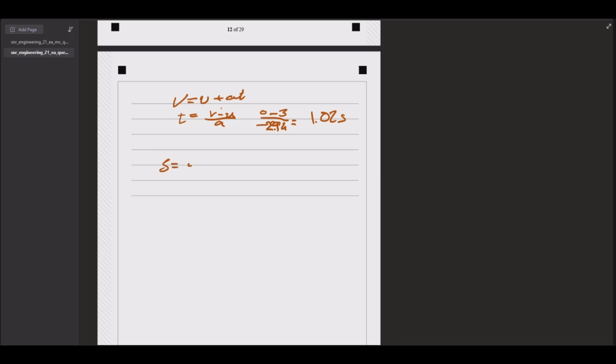And now that we have that, we can do our SUVAT. Which is 3 times 1.02 minus a half, 2.94 times 1.02 squared. And that is 1.53 meters.